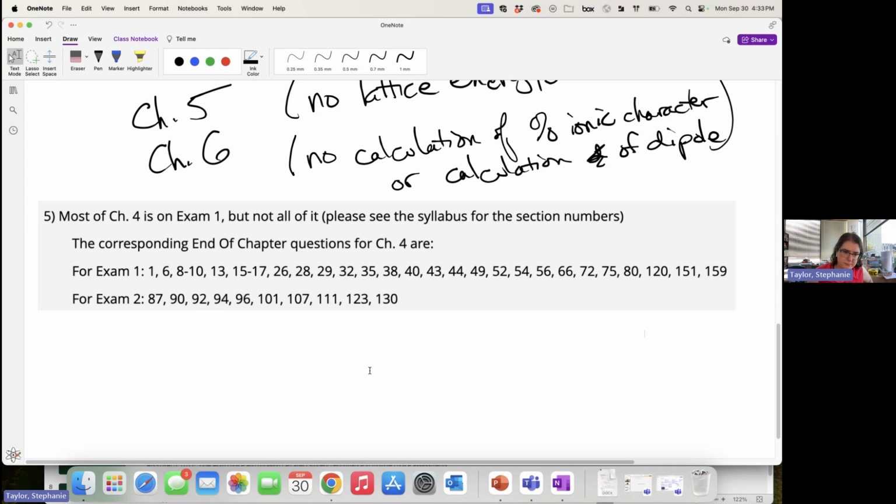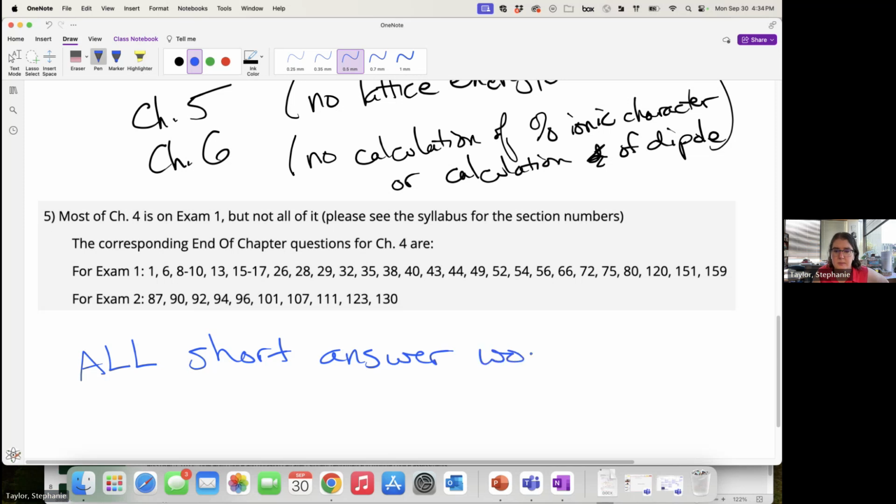So a general reminder that when you're doing the exam, all short answer work goes on the back of the Scantron.